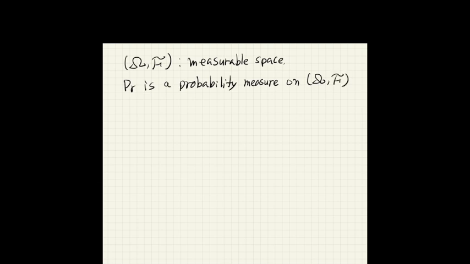Then we say this triple, (Omega, F, P), we call it a probability space.